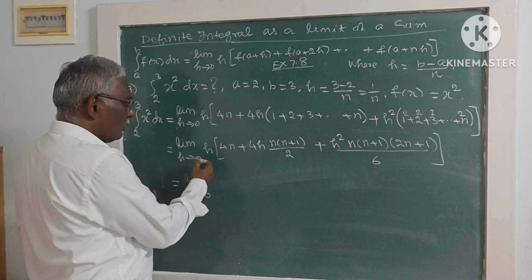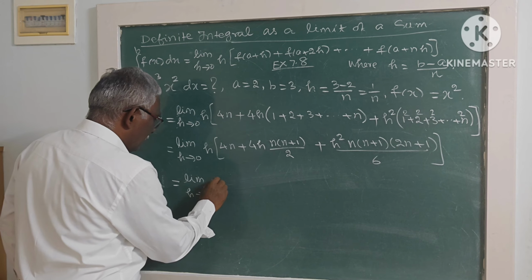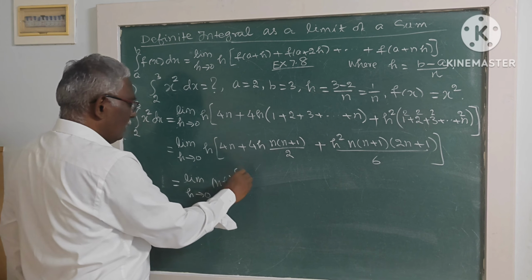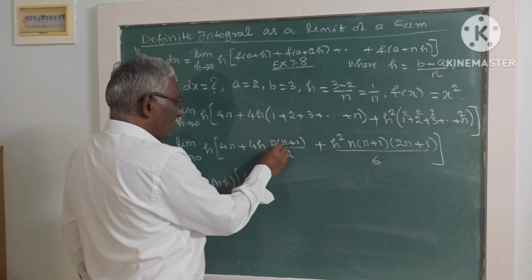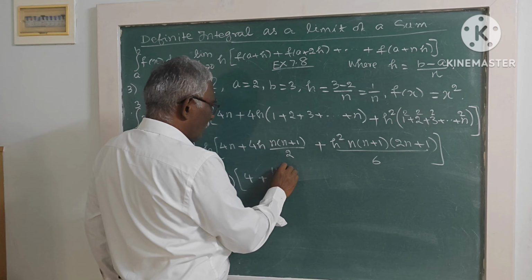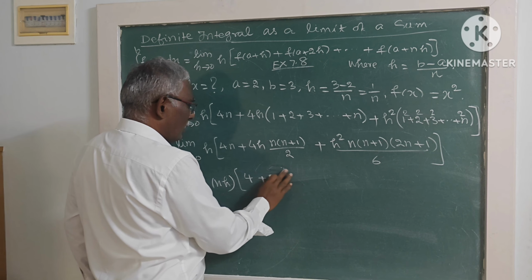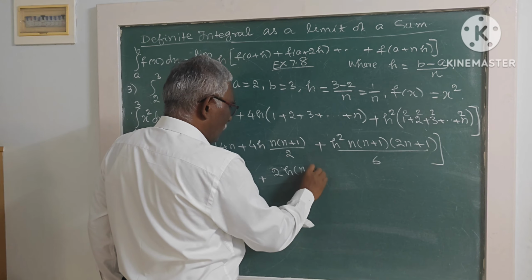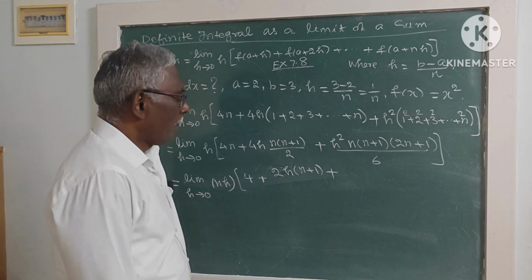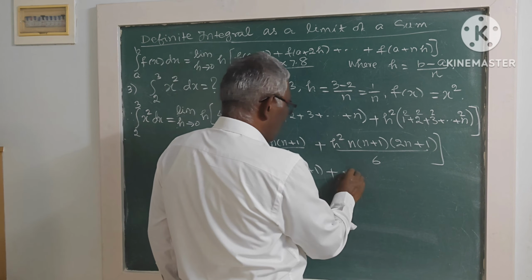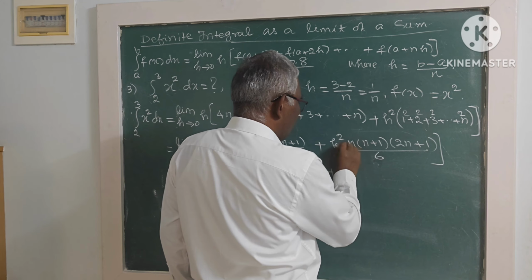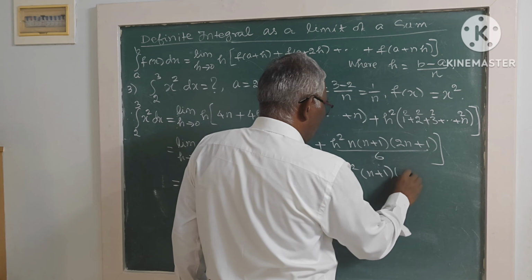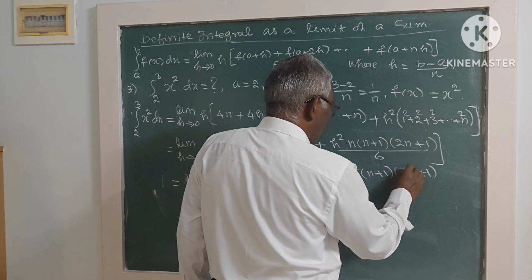Shall we take 1 n outside? We'll take 1 n outside. So nh, then what will come? This will become 4. We have taken 1 n outside. So 4 by 2, so 2h into n plus 1. We have taken this n outside. So h square into n plus 1 into 2n plus 1 by 6.